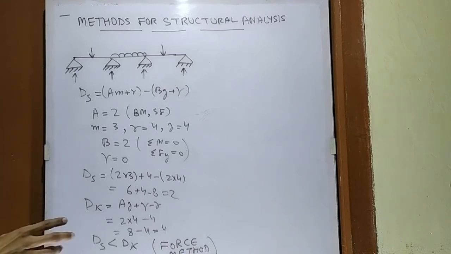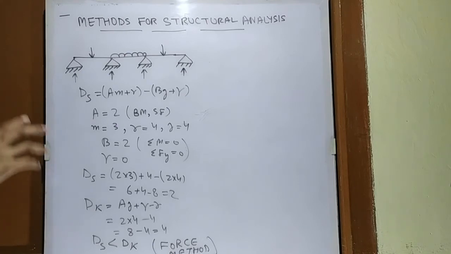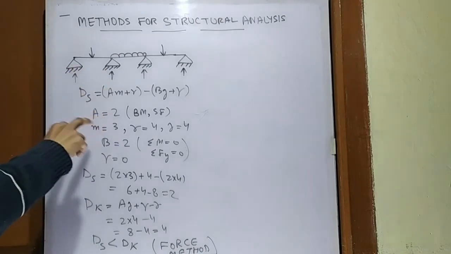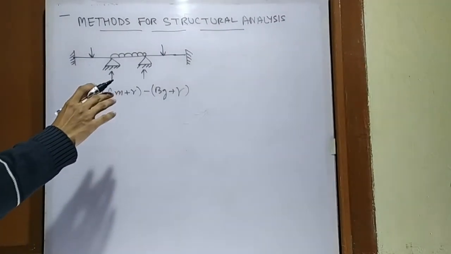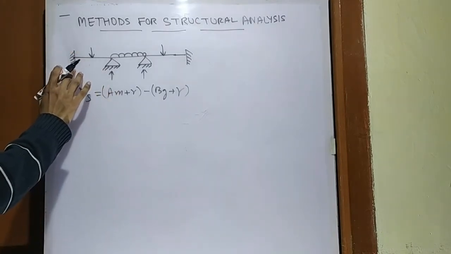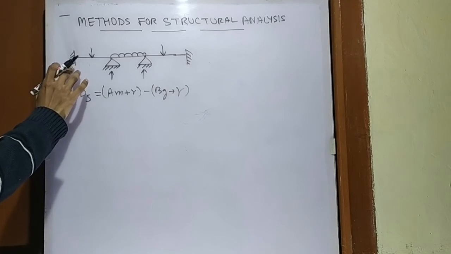Okay, now we will change some conditions in this beam and then we will see what method will be used for that particular beam. Okay, so let us change some support conditions in this beam. In the previous beam I have made just one change: I have changed the end pin support to a fixed support.